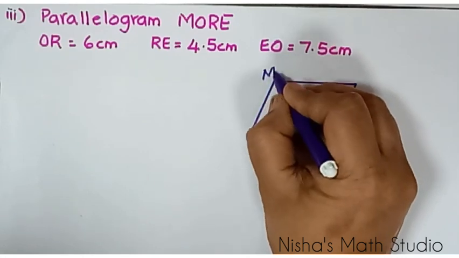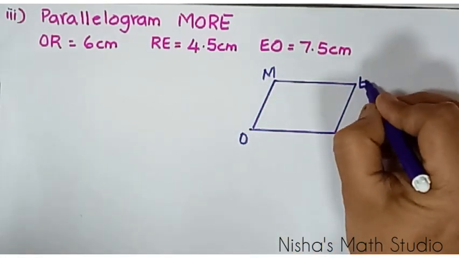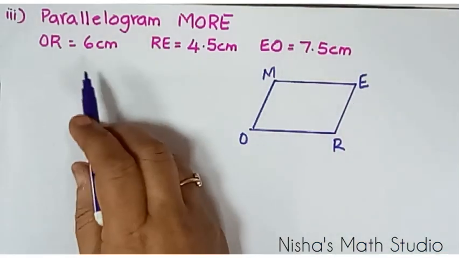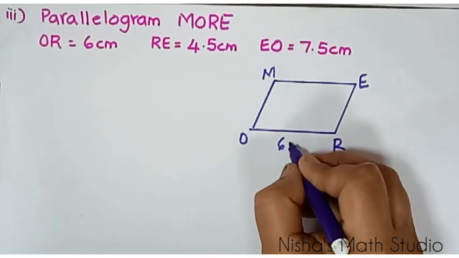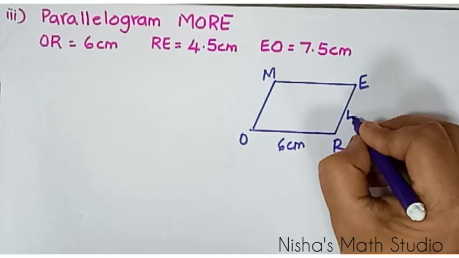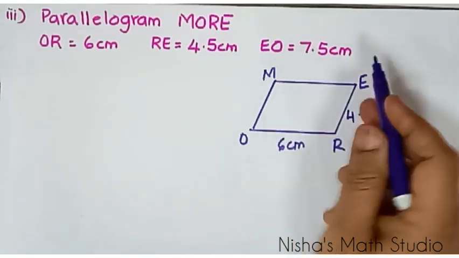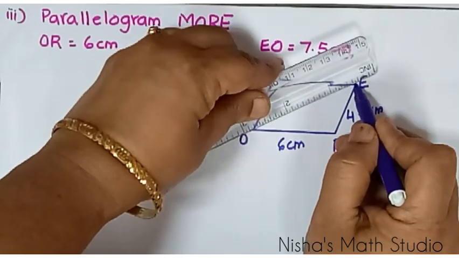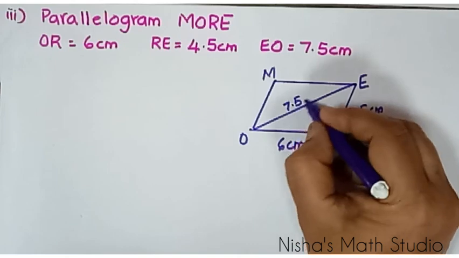Let me name it as MORE. What are the measurements given? OR is equal to 6 cm. RE which is equal to 4.5 cm. EO, that's a diagonal, which is equal to 7.5 cm.